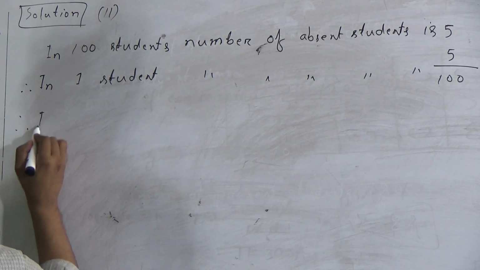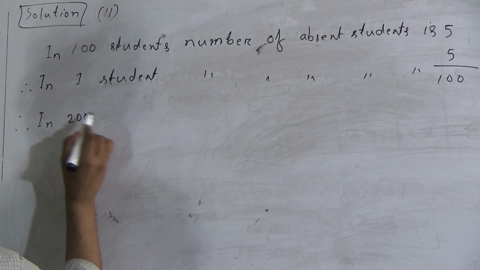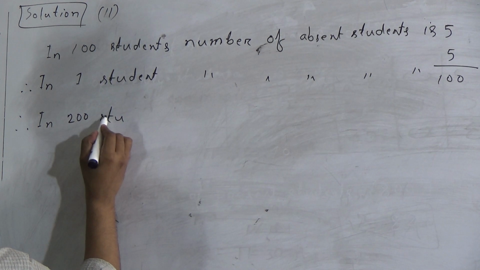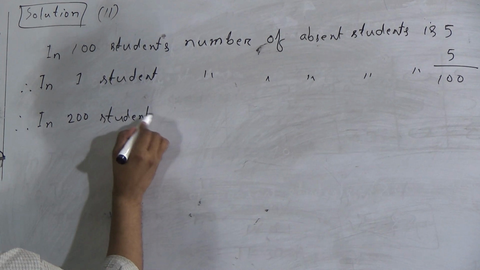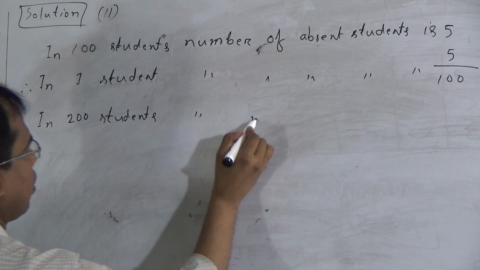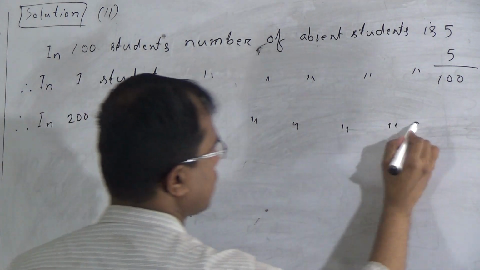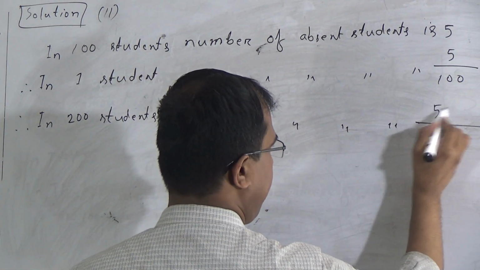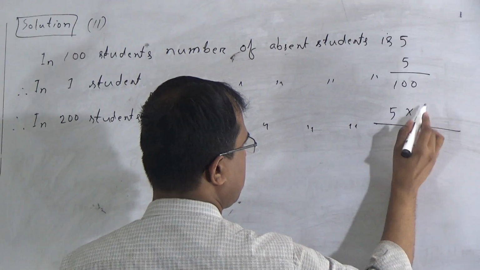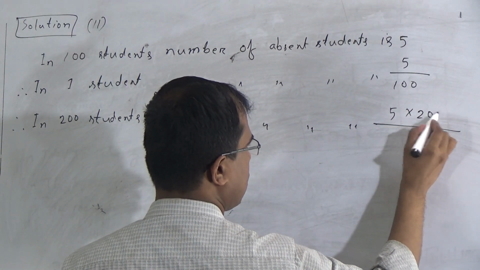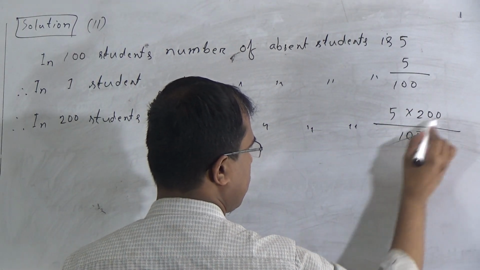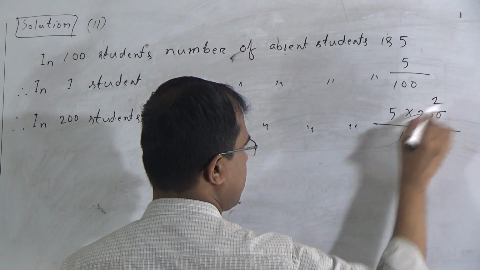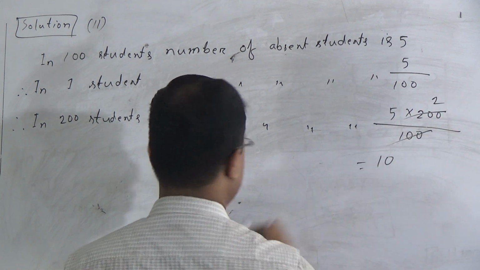Therefore, in 200 students, number of absent students is 5 multiplied by 200 divided by 100. We can cut 200 by 100, then it will be 2. This is equal to 5 multiplied by 2 is equal to 10.